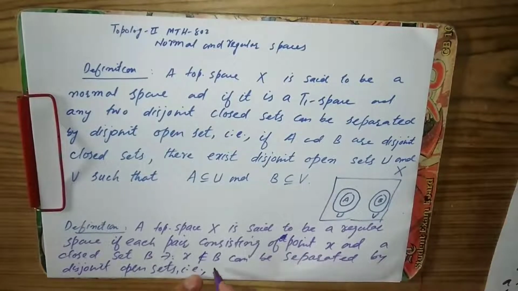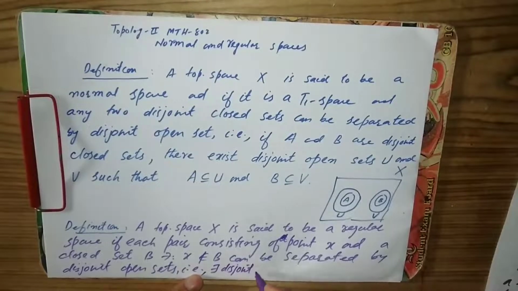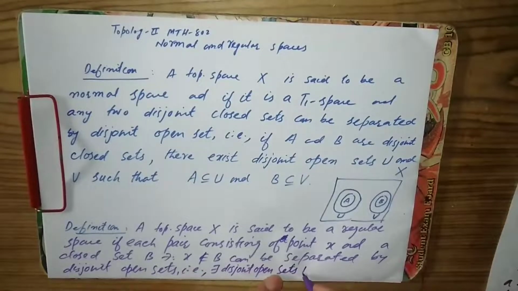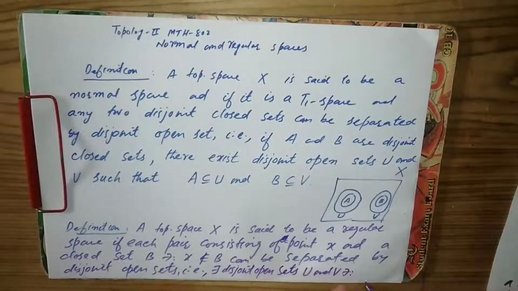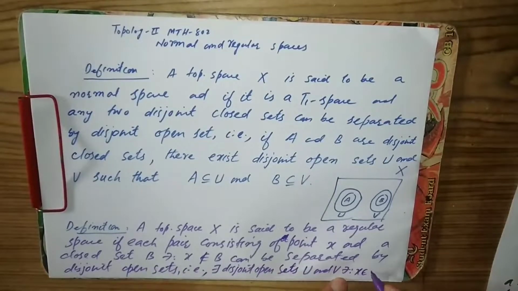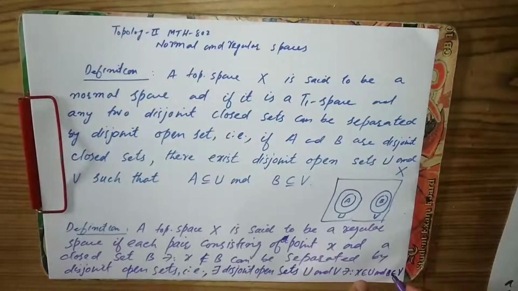That is, there exist disjoint open sets U and V such that x belongs to U and B is a subset of V. This is B here.